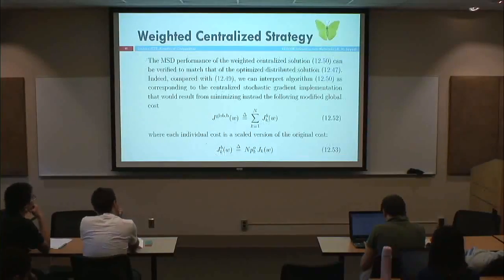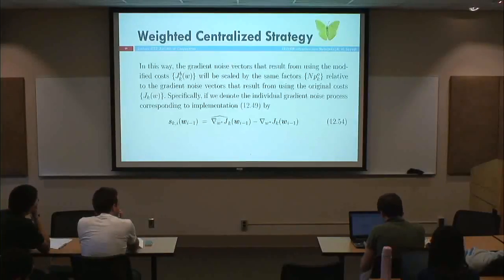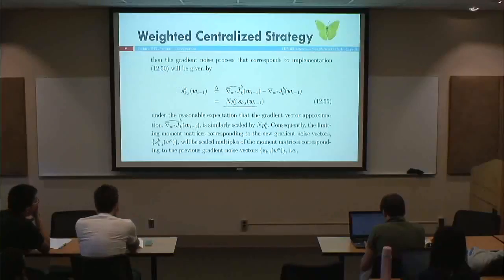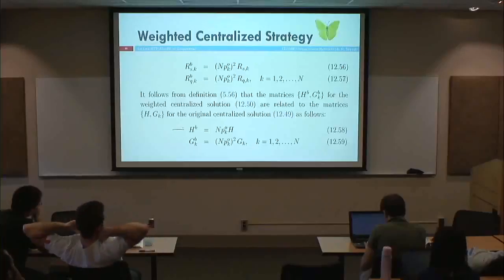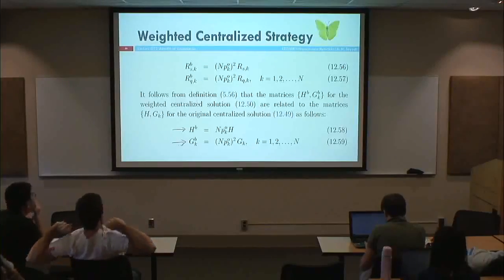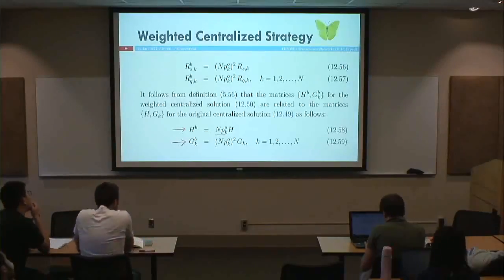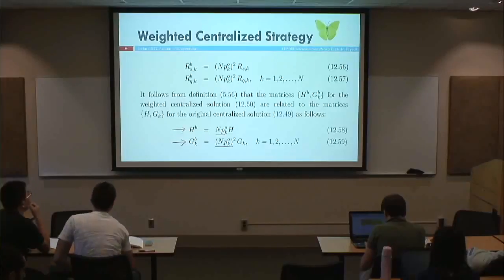So here, you see, it is as if I have scaled the costs by np. This is the original gradient noise. This is the new gradient noise. So you see that the new Hessian matrix and the new gradient noise, they are scaled accordingly. So just go to the expressions.